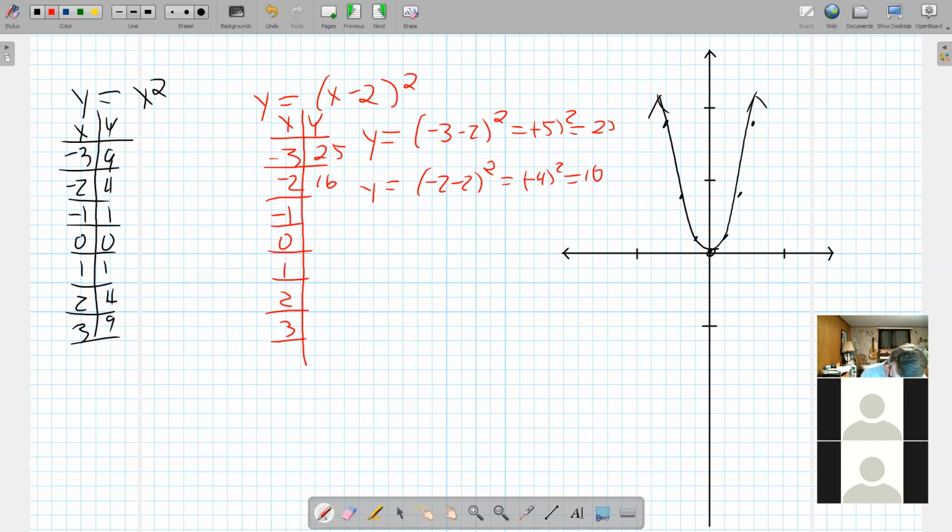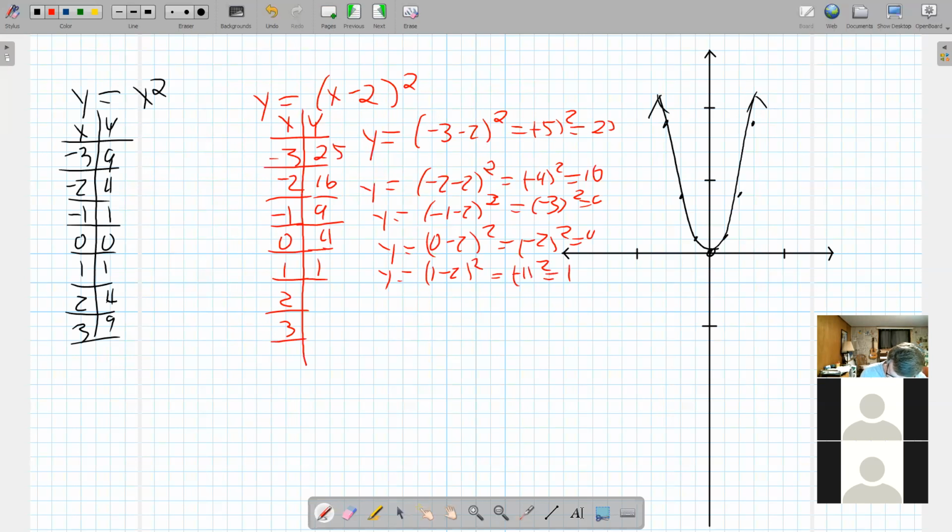So I get 16. And this is going to be what? -1 minus 2 squared, which is -3 squared, which is 9. And then y equals 0 minus 2 squared, which is -2 squared, which is 4. And y equals 1 minus 2 squared, which is -1 squared, which is 1.